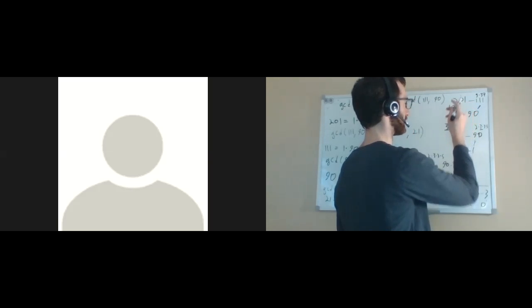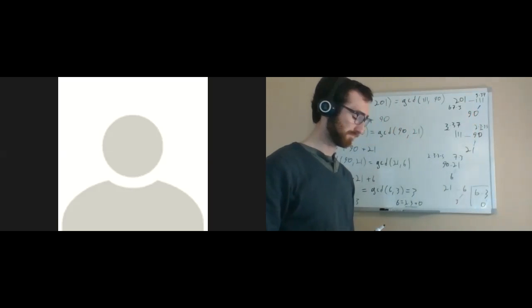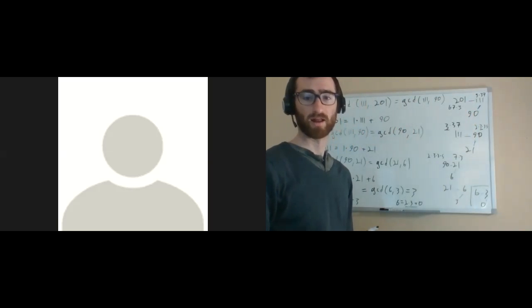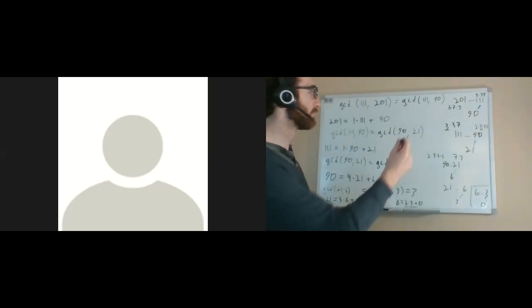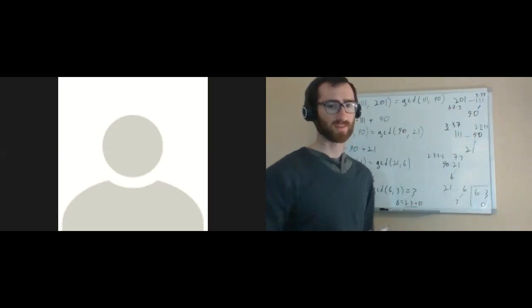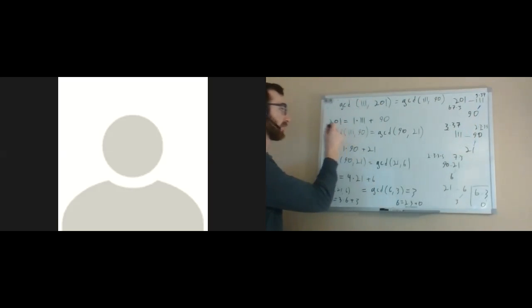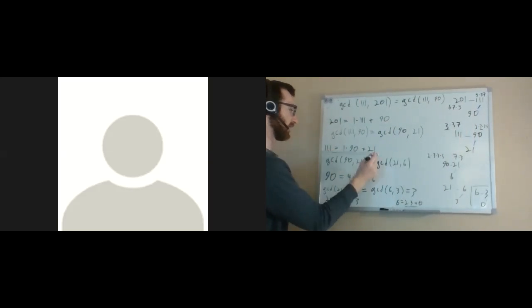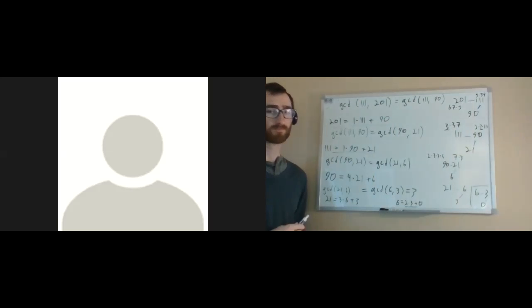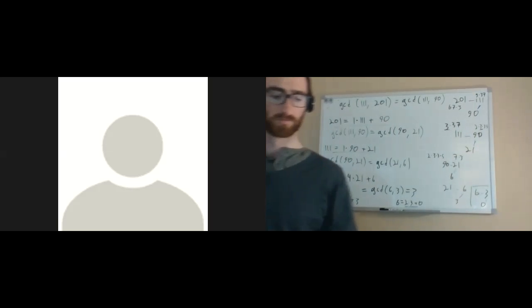And is 67 prime? I think yes, 67 is prime. The point is the prime factorizations of things are usually hard to compute, but these divisibility expressions are much easier to compute.